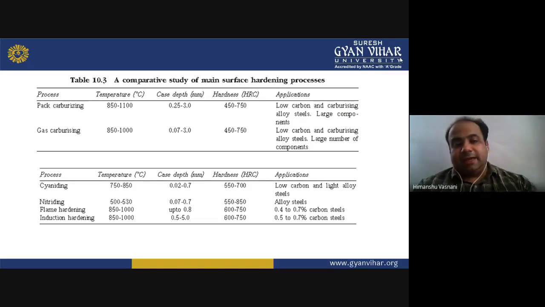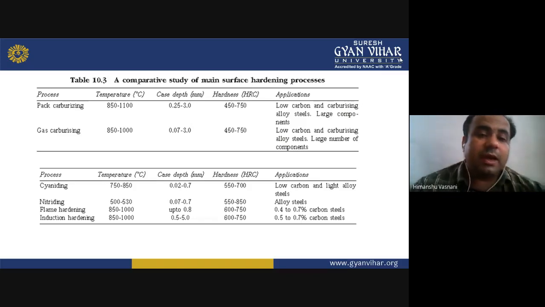Then comes cyaniding, which is also very important. It has a temperature of 750 to 850 degrees centigrade, a case depth of 0.2 to 2.7 mm, and hardness of 550 HRC, normally used in low carbon or light alloy steels. Now comes the nitriding process.